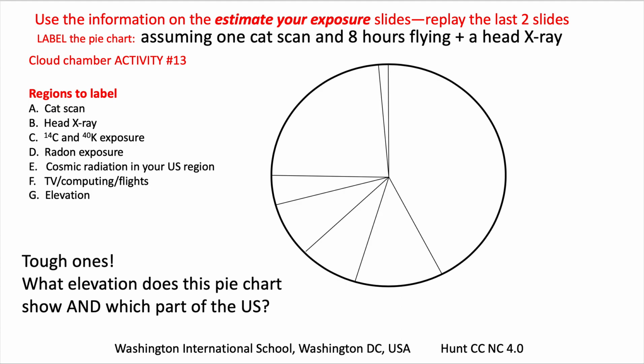So you really do have to go back, and which part of the US is it living in? Here it's assuming 1 CAT scan and 8 hours of flying plus a head X-ray. You can, as an extra one, do a pie chart for your own specific personal exposure.